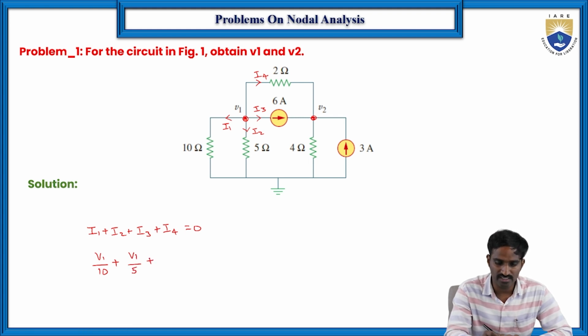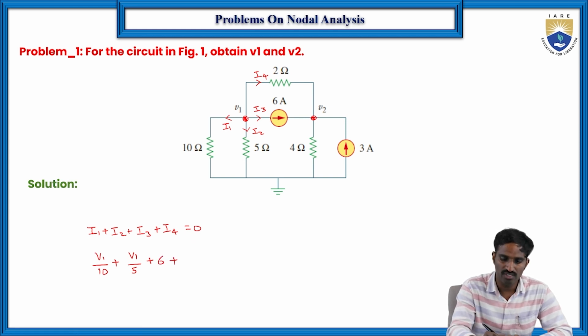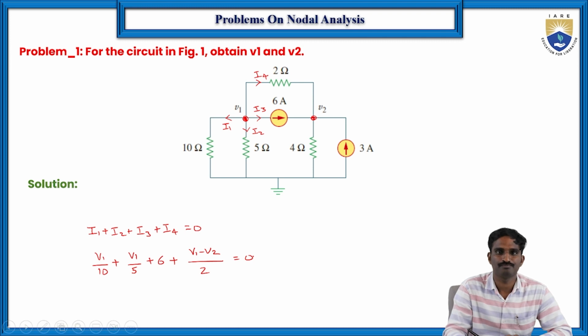Plus I3, the current which is already given, so directly I am writing 6 amperes because it is a current source. Plus I4, which is V1 minus V2 divided by 2, because the potential difference across this resistor is V1 minus V2, equal to 0. Let us consider this as equation number 1.